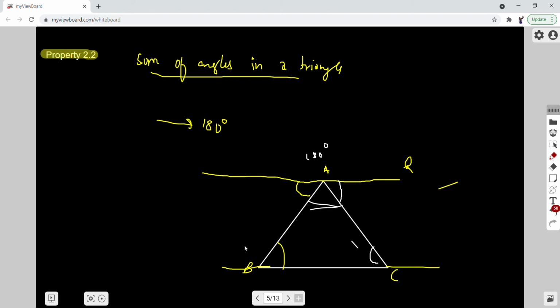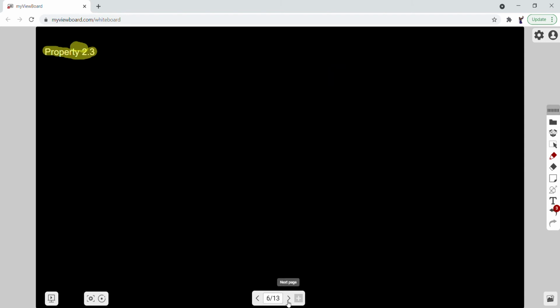Now we are going to prove the exterior angle in a triangle.